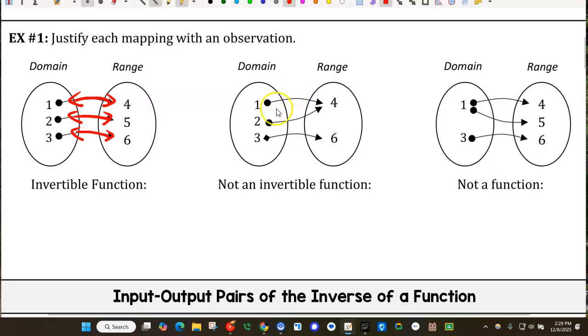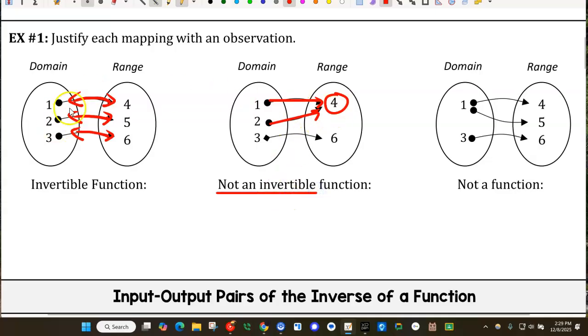So as opposed to this, if I'm over here, map 1 to 4, and I map 2 to 4, if I'm on this side and I need to reverse it, I'm not sure which one I can go to, right? So if I have two choices, or if I don't have a unique choice I can go to, then it's not invertible.